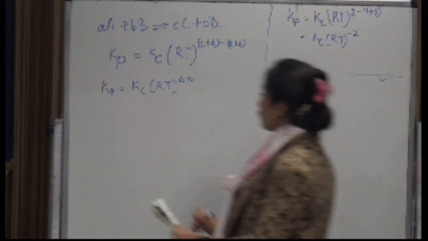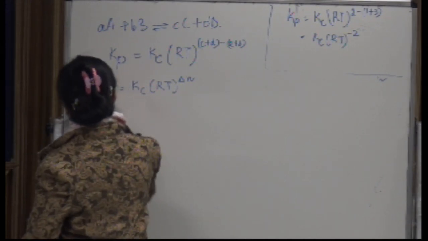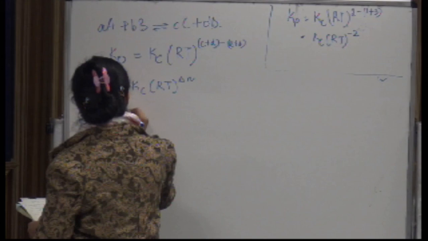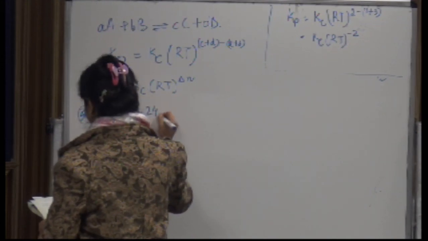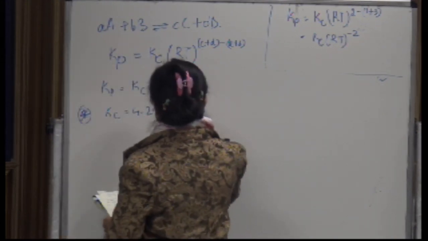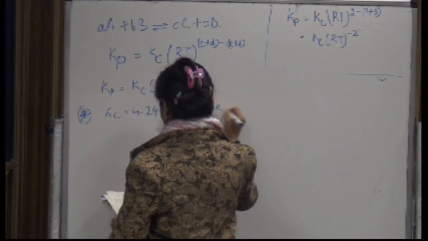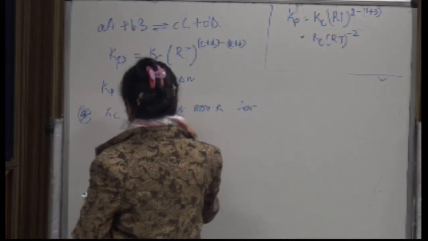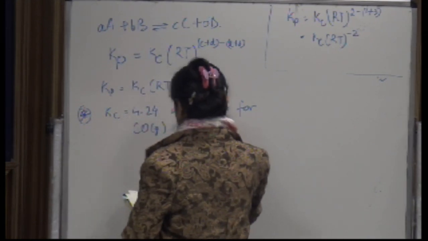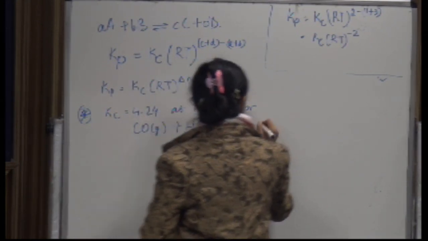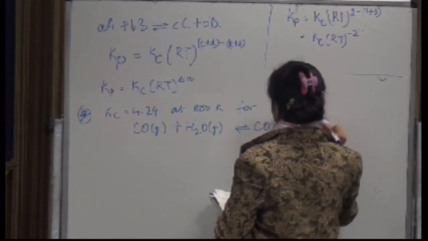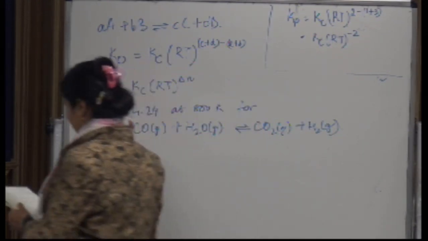The value of Kc is given to be 4.24 at 800 Kelvin for the reaction CO gas plus H2O gas giving CO2 gas plus H2 gas. The value of Kc is given.